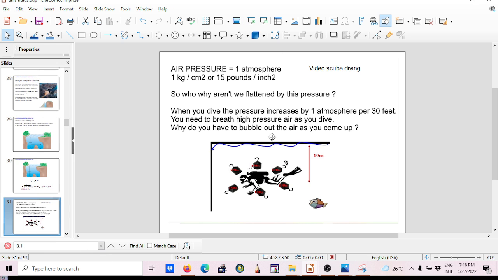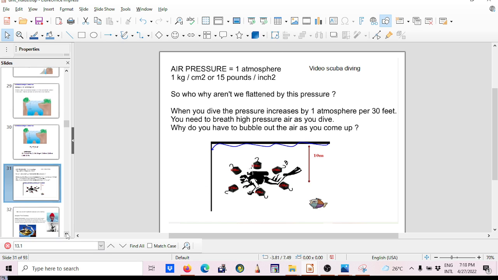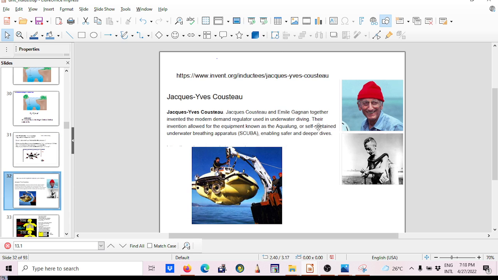Okay, so here I have a diver. So 10 meters is about 33 feet or 30 feet. You increase the pressure by 15 pounds per square inch. So that's 15 pounds per square inch that you're going to feel pushing on you. Okay, so there's this guy back then, you can read about him, he's French, he's very famous in France.